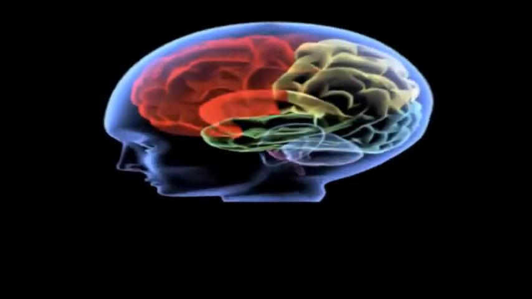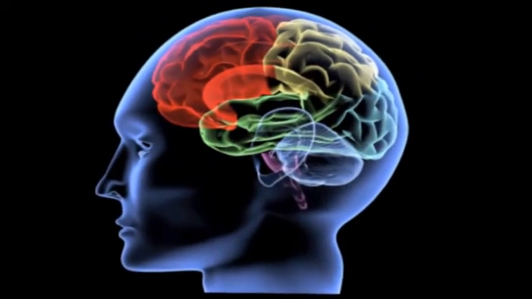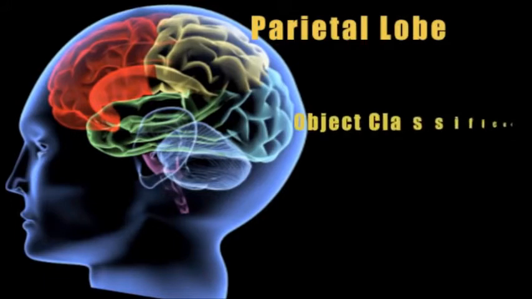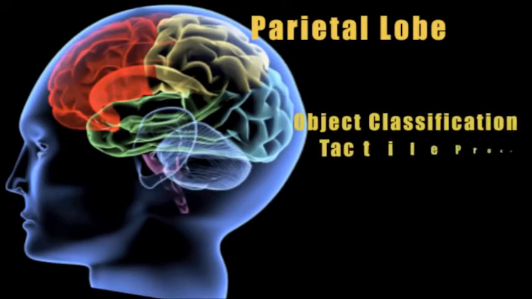So now let's talk a little bit about the parietal lobe. The parietal lobe is an area of the brain that takes us into sort of a higher level of functioning. And as we look at the parietal lobe and those changes, we see in patients with traumatic brain injury difficulty naming objects, problems processing their tactile sensations, so problems processing and understanding what their fingers are telling them they're touching.